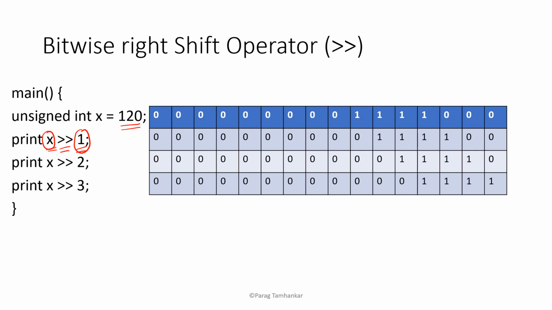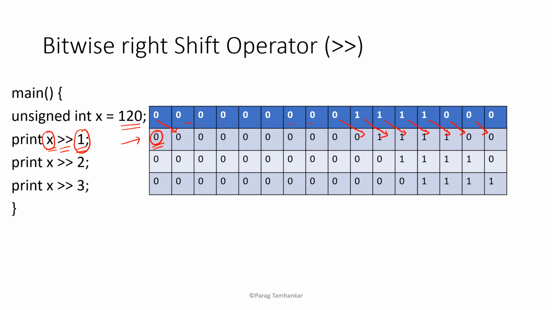What happens is this 0 will come over here, this 0 over here, this 1 over here, and so on. The last 0 will come over here, creating a blank space, which will be filled by 0.